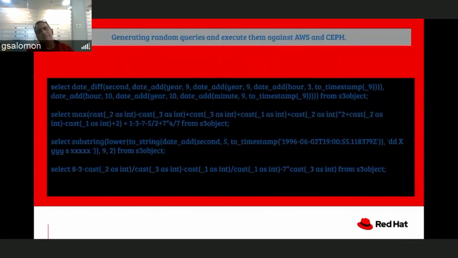Okay, another type of generator is a query generator, an SQL generator. We developed a generator which can generate an endless number of SQL statements, compliant with our SQL parser, and run these SQL statements both on the Ceph engine and also on the AWS engine, and of course the result should be identical.